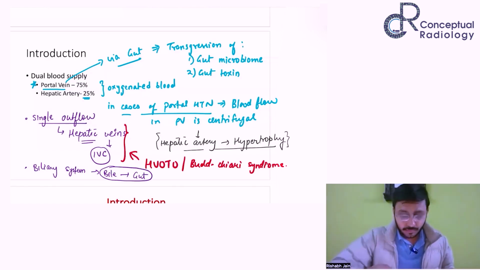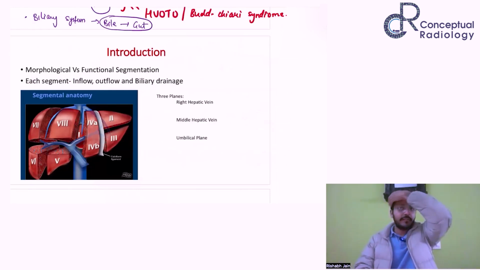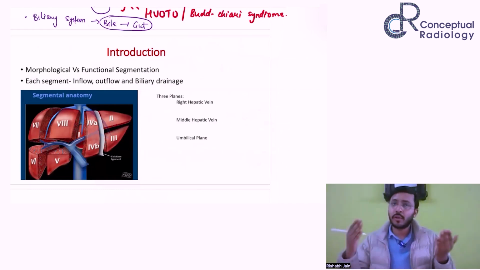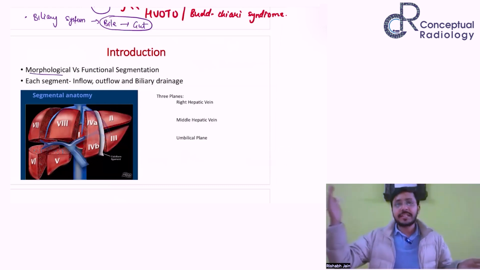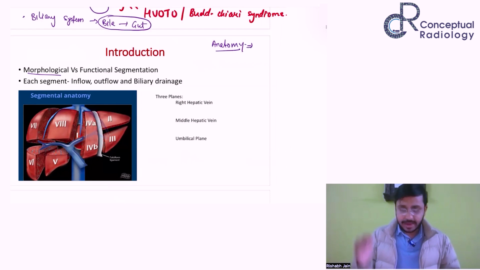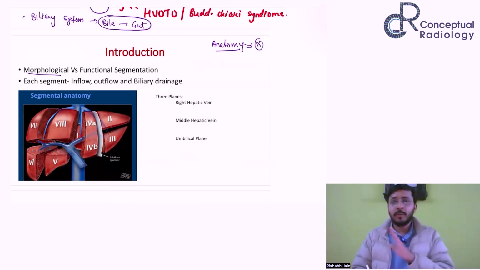Now, coming on to the liver segmentation, how do we divide the liver segments? There are two types of classification. One is a morphological classification and another is a functional segmentation. The morphological classification is what we read in anatomy, that the falciform ligament divides it into the left lobe and the right lobe. But forget that, that is never going to be used clinically or surgically.